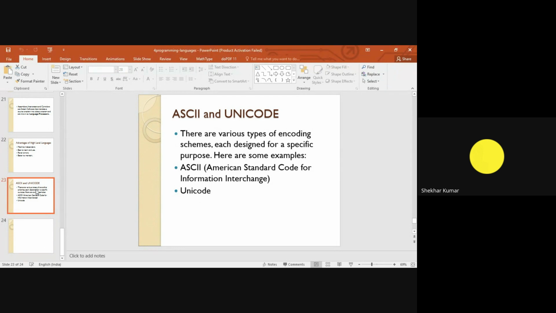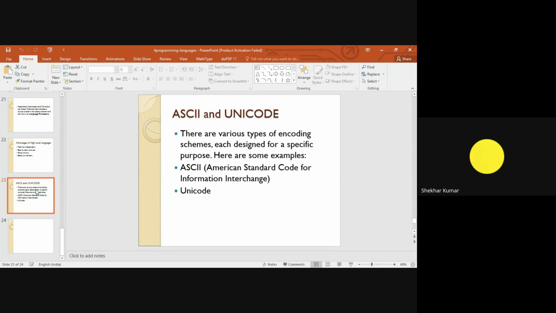Actually, everything is for understanding the instructions in your machine-readable form. Various types of encoding schemes were used, which you will read in your further courses in computer architecture. One student asked me about ASCII and Unicode. So these are your encoding schemes that are designed for a specific purpose.